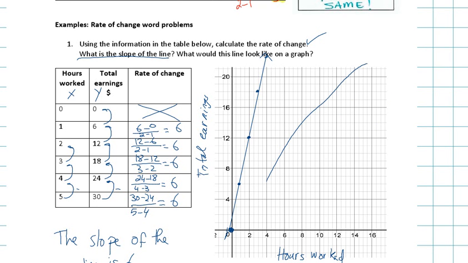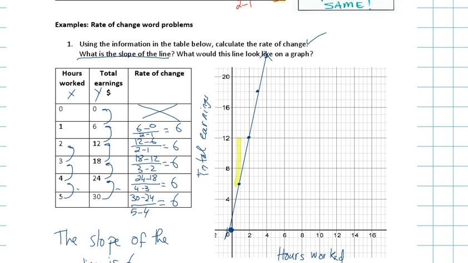Now, I want you to look at this, and think about what it means. If I take 2 points and I want to find the rise, let's say I'm going from 6 to 12, how many units is that? 6. And my run is from 1 to 2, so that's 1.